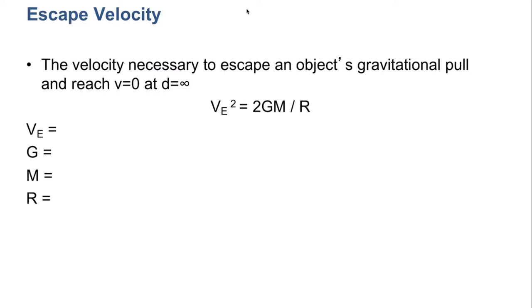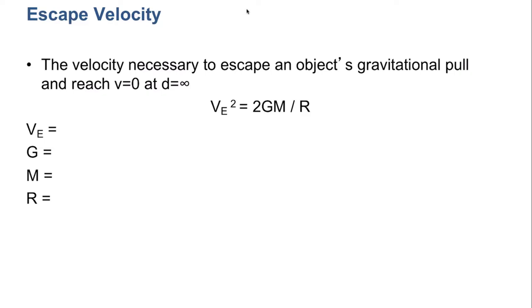If an object has a greater velocity than that, then it will still be moving away at some non-zero velocity, even at a distance of infinity. The escape velocity defines the hairline between an object that will eventually fall back to the Earth and an object that will never fall back to the Earth. It will continue moving far away for all time.